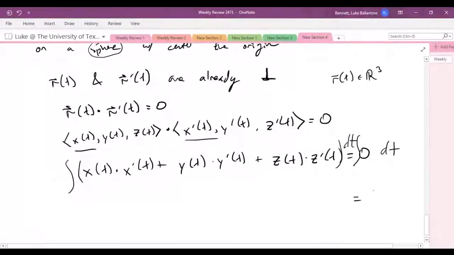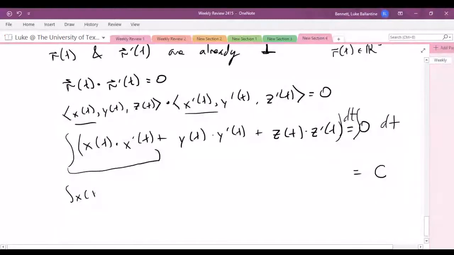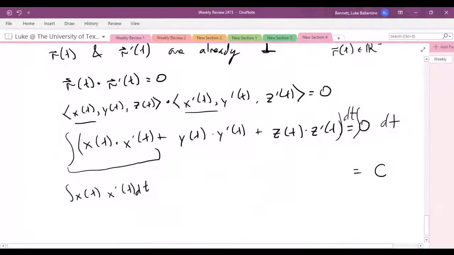Well, on the right-hand side, the integral of 0 is just a constant, some c. And then how do I integrate? Let's just examine the first one for right now. How do I integrate x of t, x prime of t dt? Any ideas?